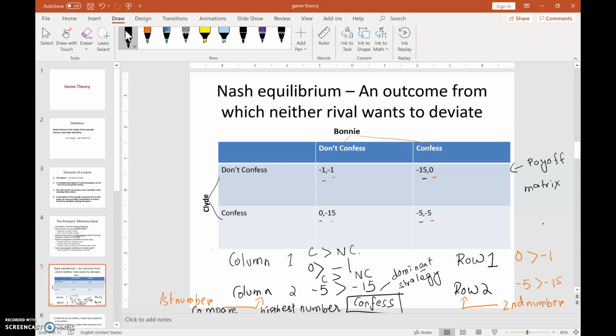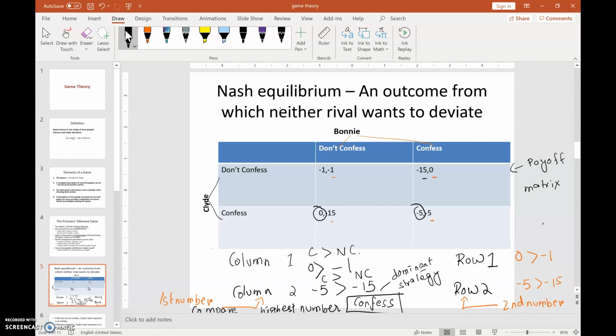So basically what you are doing here is comparing 0 and -1, then choosing 0, comparing -15 and -5 and choosing -5. Let me make this easier and circle the numbers I just chose.